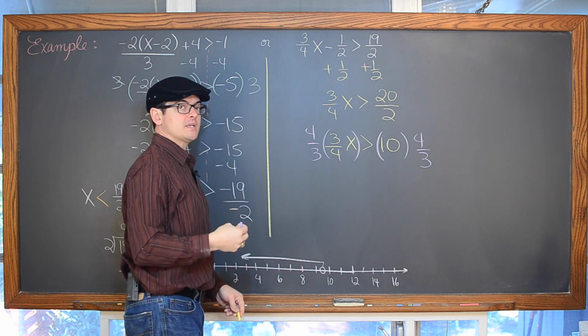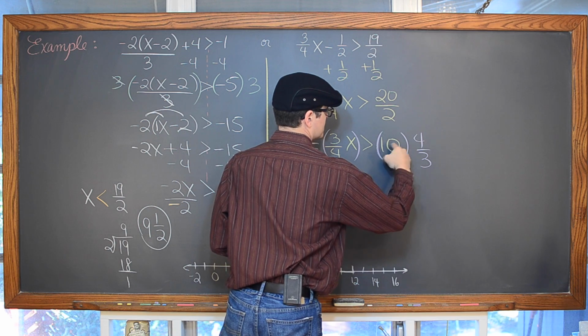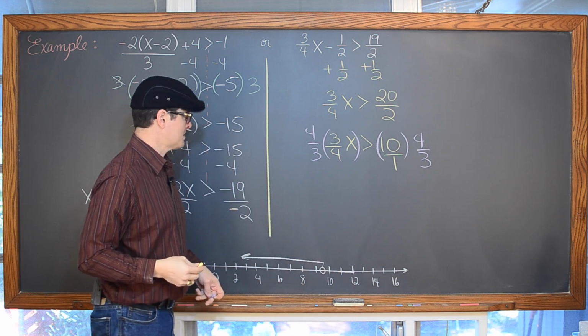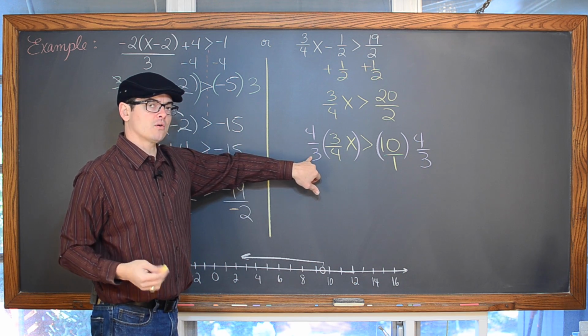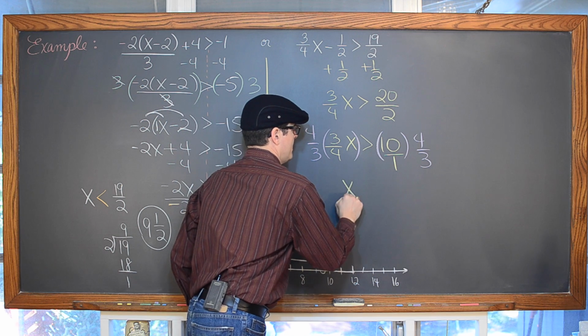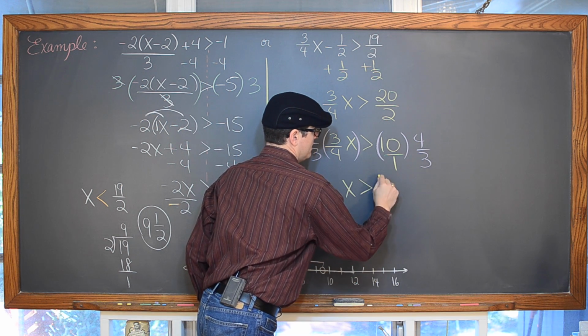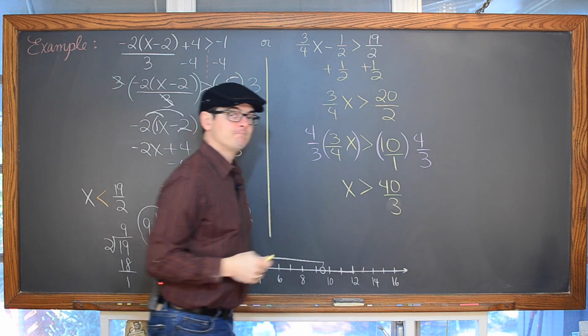Now we just simply have a 10. That doesn't look like a fraction, so let's put that over 1 so we can see the numerators and denominators line up. The 4's are going to cancel, the 3's are going to cancel, or we have 12 over 12, which is equal to 1. So we have x is greater than 40 over 3.